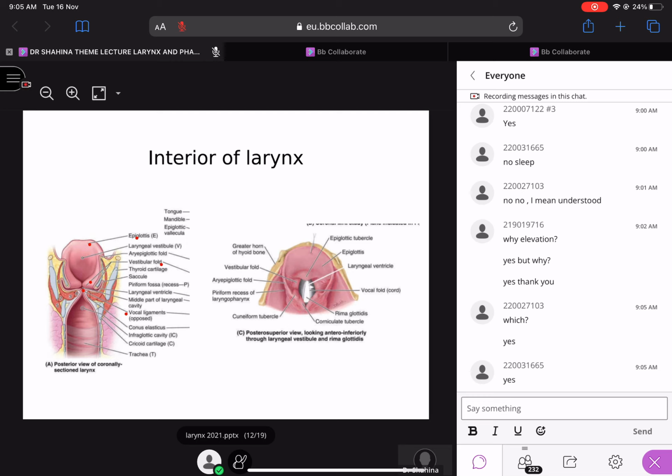Here you have the vestibular fold in the upper part, and you have the vocal folds, or the vocal ligaments.